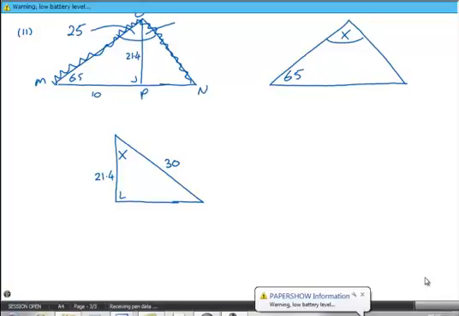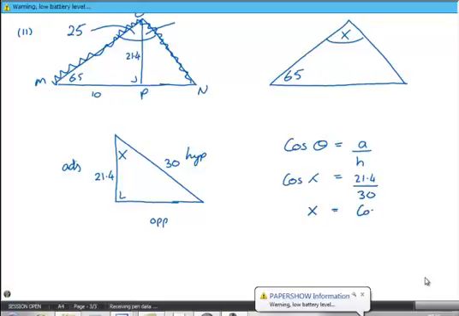So you're going to label the triangle: hypotenuse, this would be the opposite, which I'm not going to use, and this is the adjacent. What links hypotenuse and adjacent? It's cos. Cos of theta, CAH, adjacent over hypotenuse. So the cos of x, which is the angle I'm looking for, is the adjacent, so 21.4 over 30.